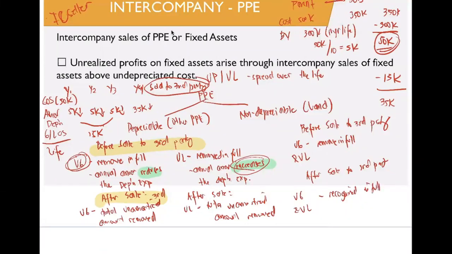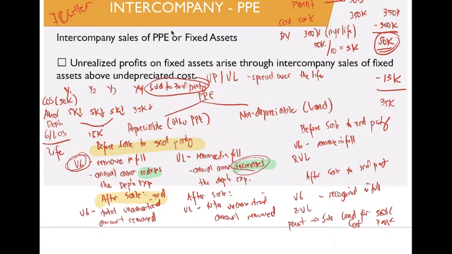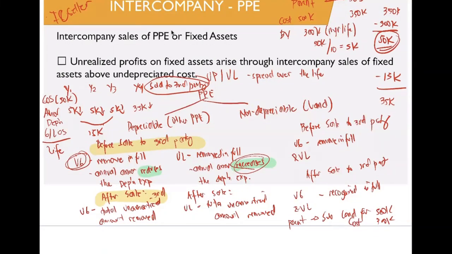Okay, so for example, parent sold to subsidiary land for 500,000, cost is 300,000 pesos.